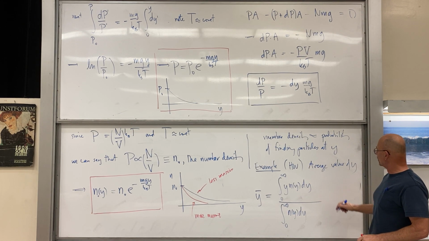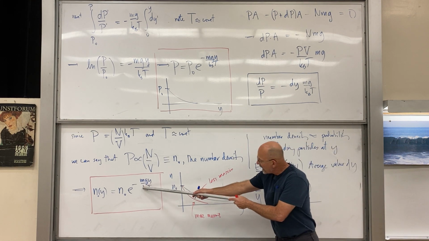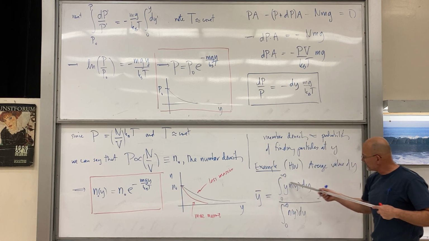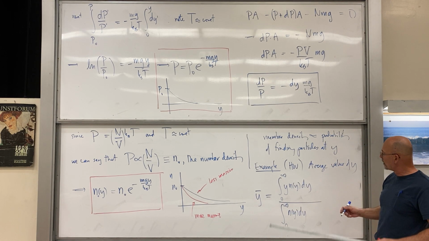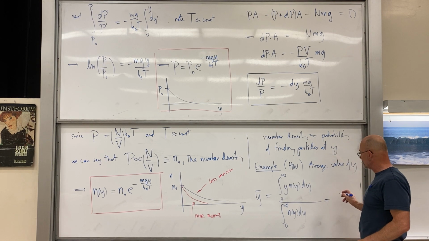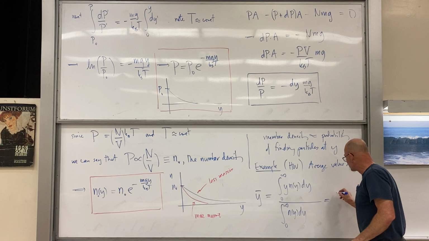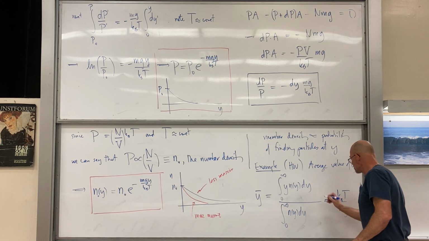So here's what you do. Go ahead and do both of these integrals. There's n of y. This is y times n of y. This is n of y itself, dy. So you just do both of these integrals, and you find out that it's equal to k Boltzmann T divided by m times g.